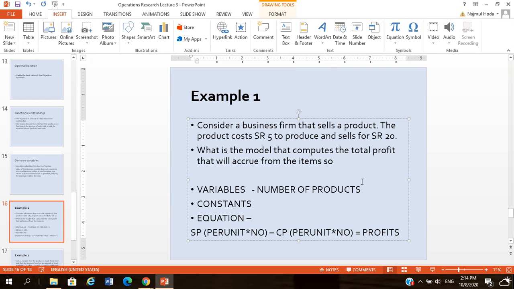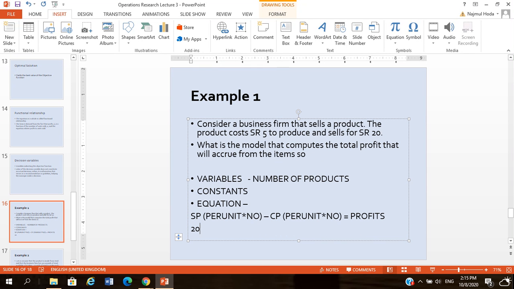I will simply put the values here and get the answer. Suppose I make just 1: per unit 20 multiplied by 1, that is my sales, and then the cost price is 5 multiplied by 1.